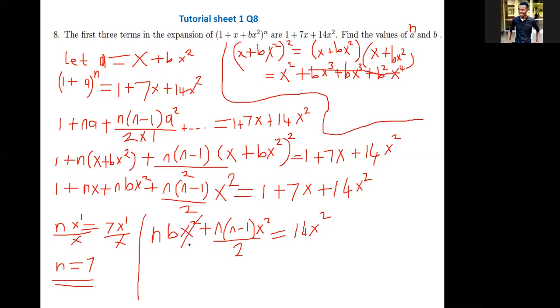So here when you divide by x squared, x squared, x squared, these will cancel.